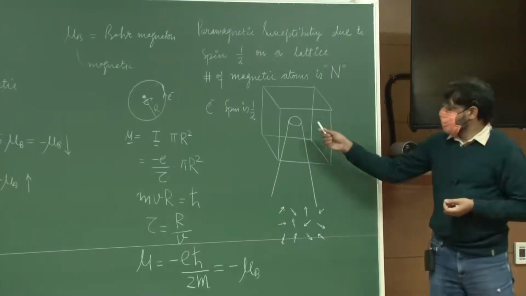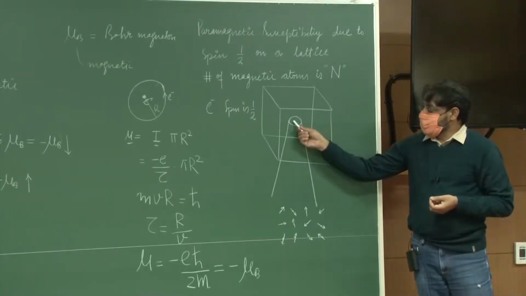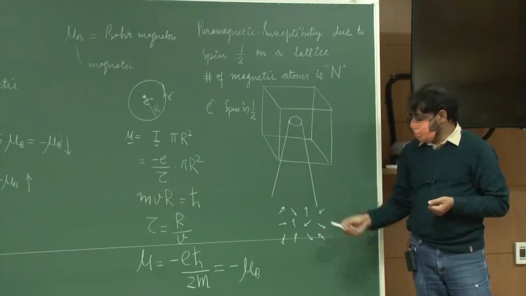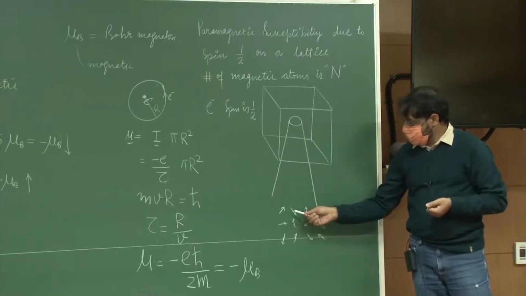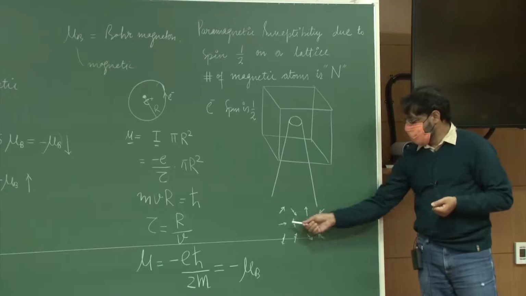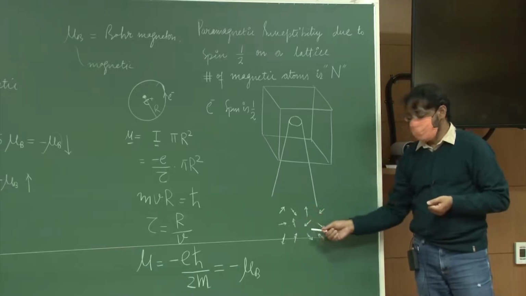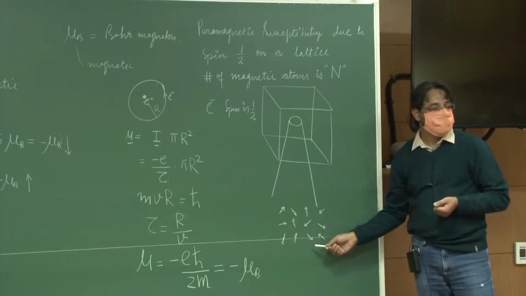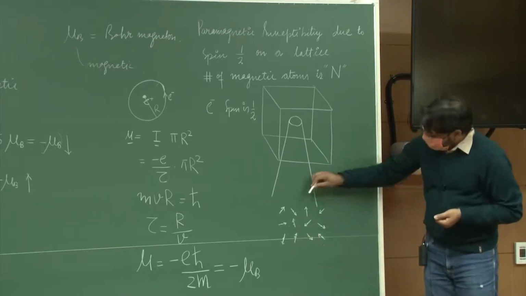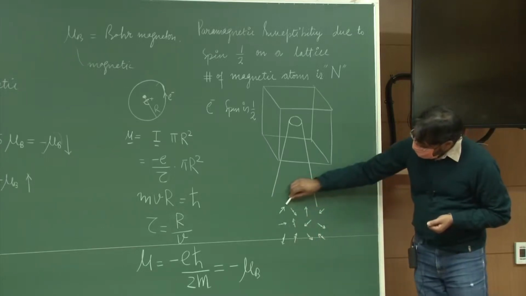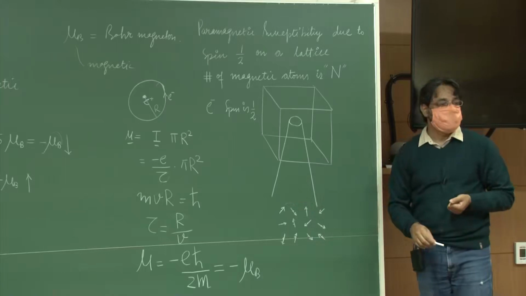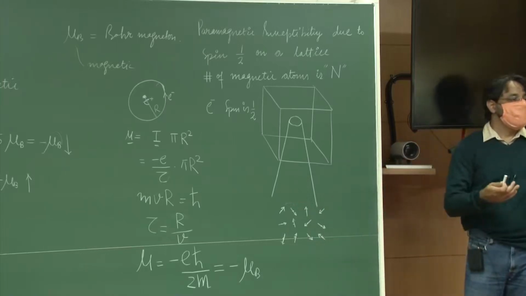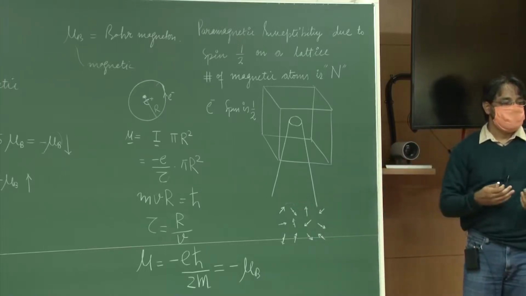If you zoom in on any little volume of this material, you would see a nicely arranged array of spins. The spin-spin interaction is assumed to be 0. We assume that the spins do not interact with each other.